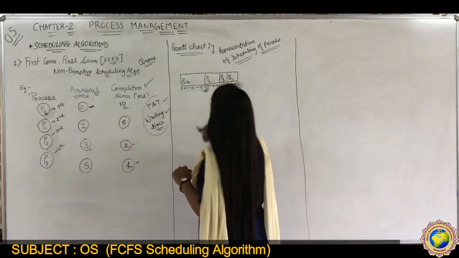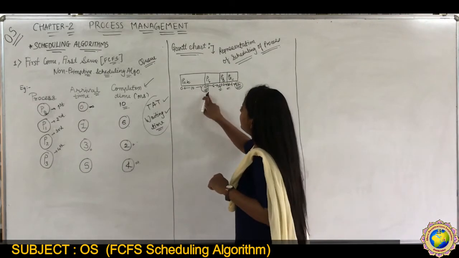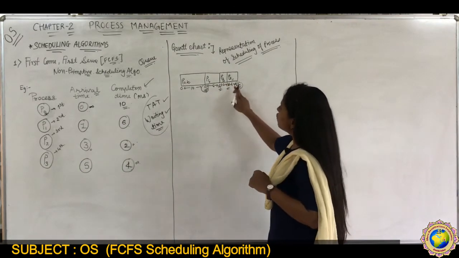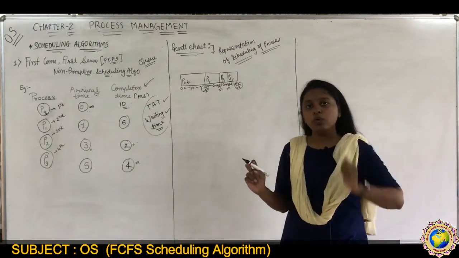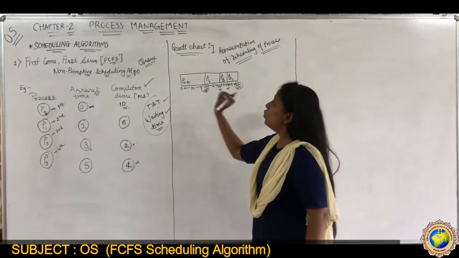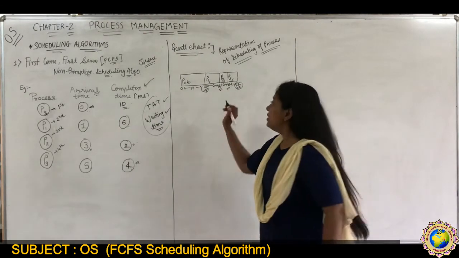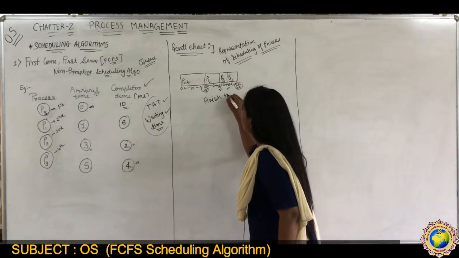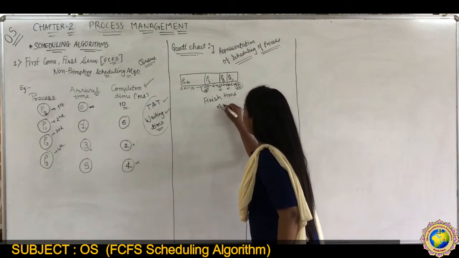Adding up: 10 plus 6 is 16, 16 plus 2 is 18, 18 plus 4 is 22. This is all about the Gantt chart. Using the Gantt chart you can find the finish time of each process.